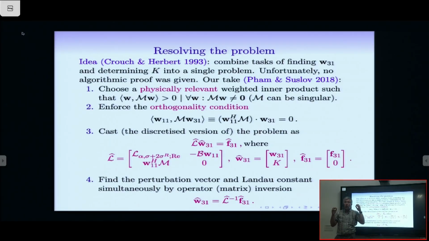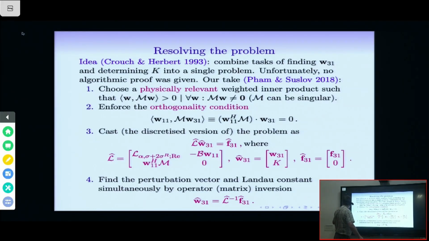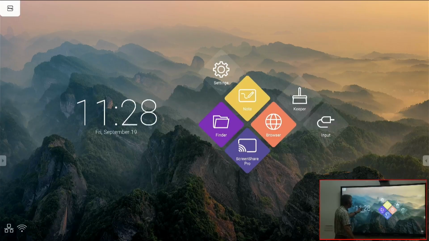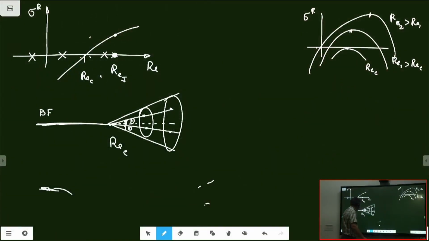So what control we have in our hands is essentially the choice of the angle, because projection is defined by the angle. Remember what projection is? Just a very simple geometric interpretation of the projection. So if we have a vector, this is my vector W, that's the full solution.